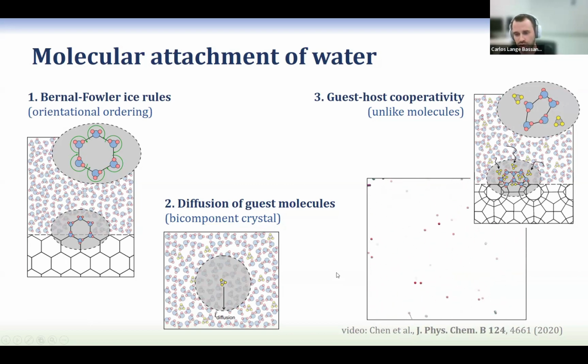It's from work by Professor Sum. I think he's here in the audience. And we can see here the gas molecules, blue and purple, stabilizing these ring motifs and forming a clathrate cage here.